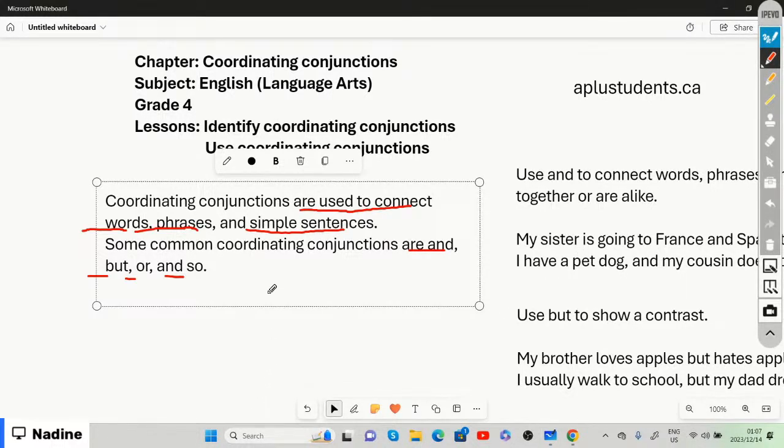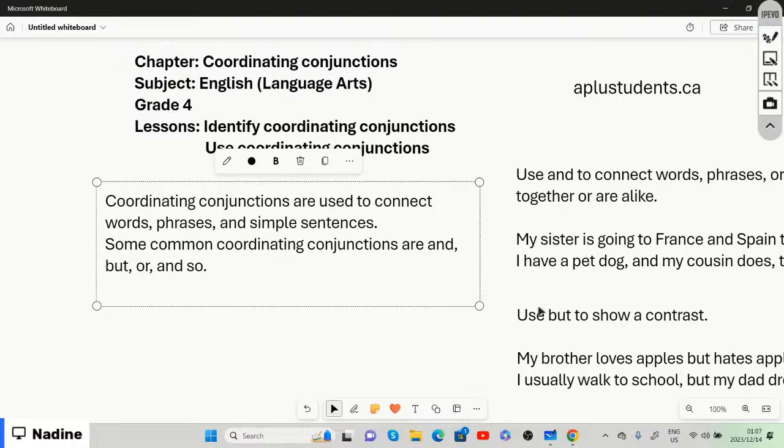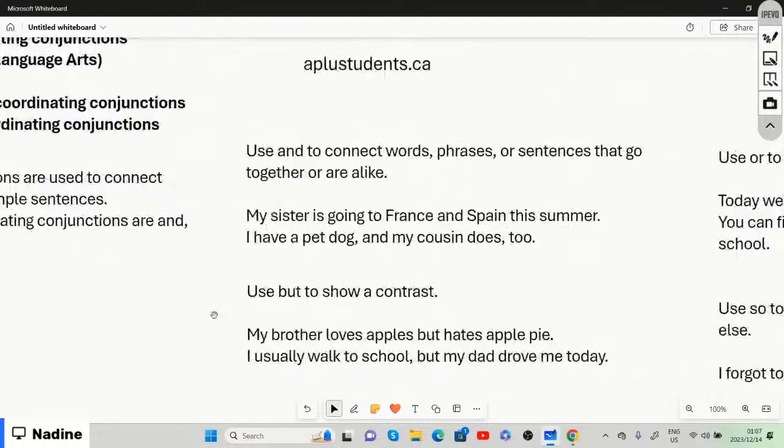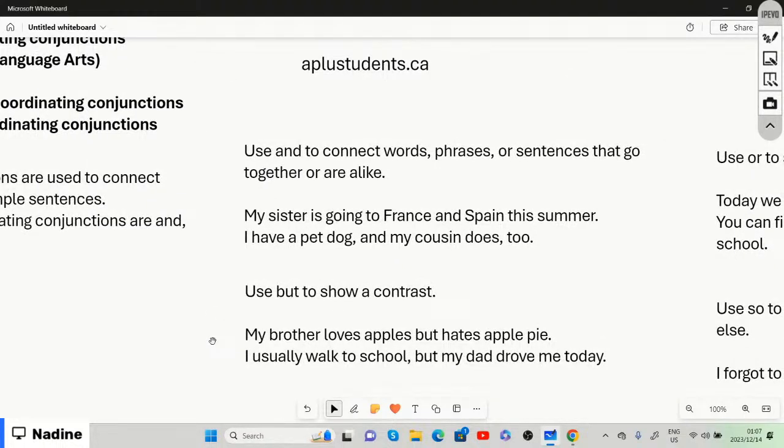So now we're going to break down each one of the coordinating conjunctions, which are and, but, or, and so, and see how we can use each one with an example.